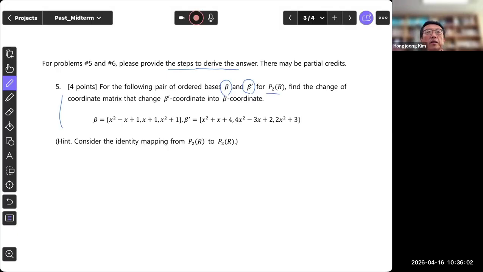And I do not provide any solution sets, so please do not ask me for the answer or solution to these problems. You can check, or chat with your classmates if you want, but I do not provide the solution sets.